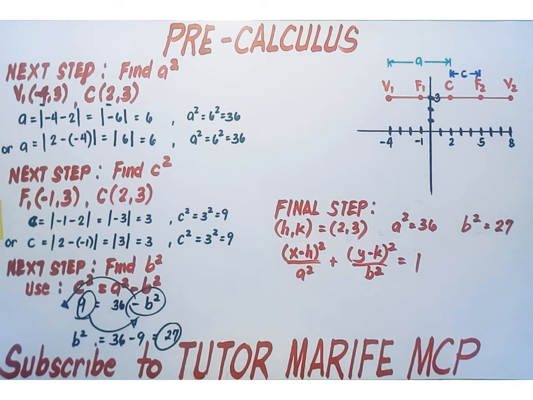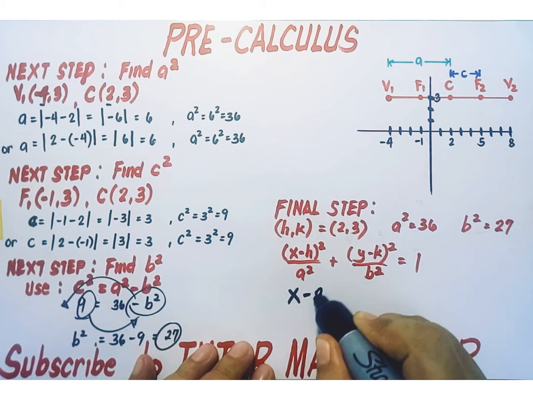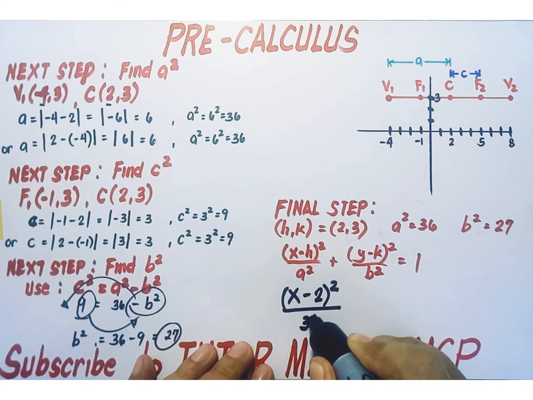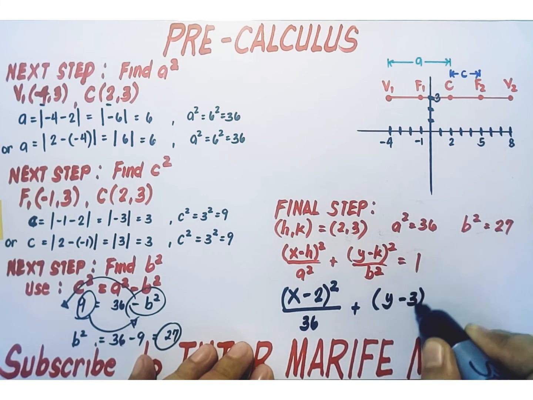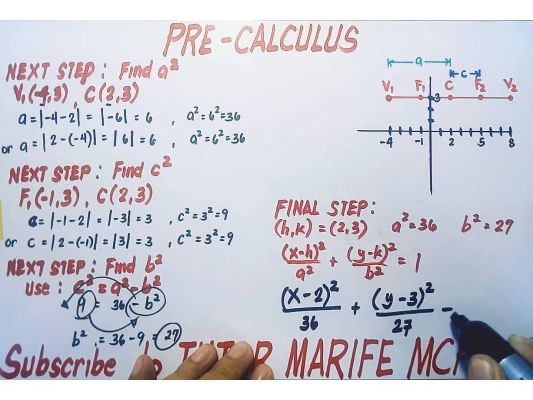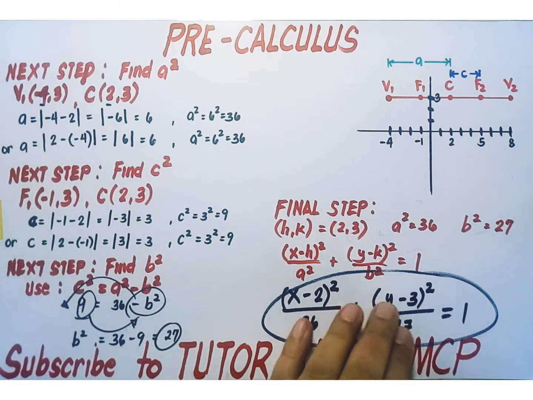Our final answer is x minus 2 squared over 36 plus y minus 3 squared over 27 equals 1. This is our answer.